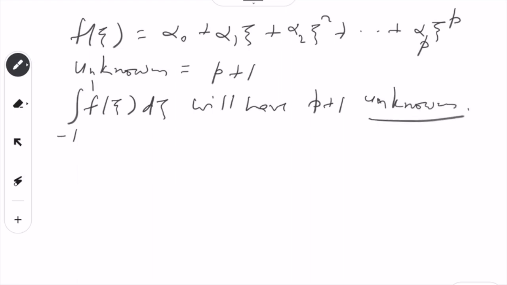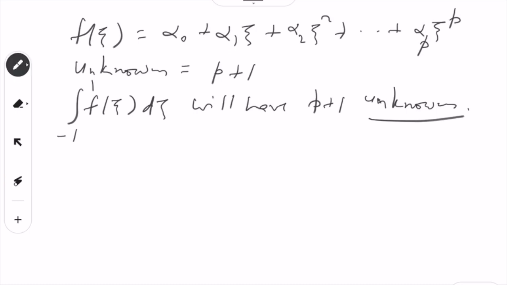The function can have any value of alpha 0, alpha 1 and alpha 2.